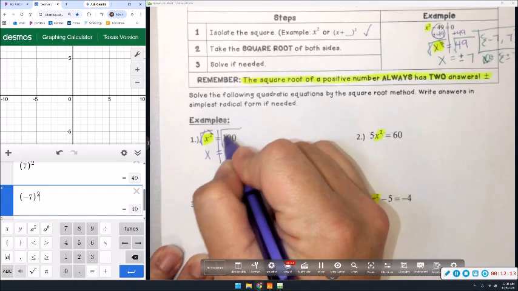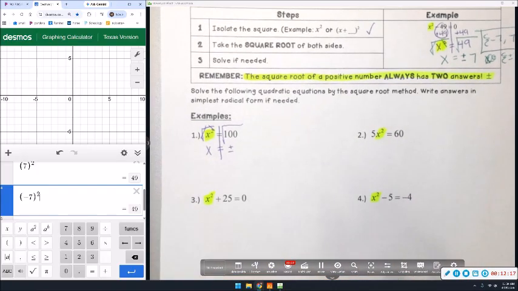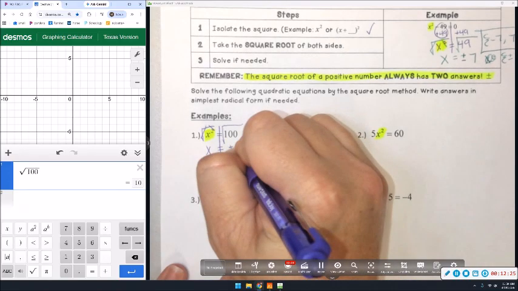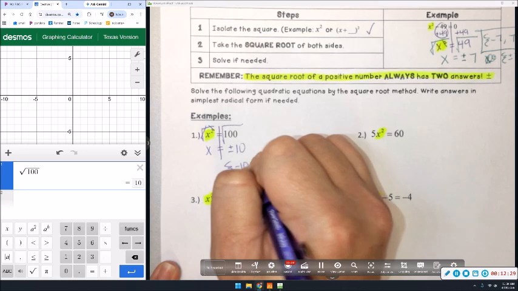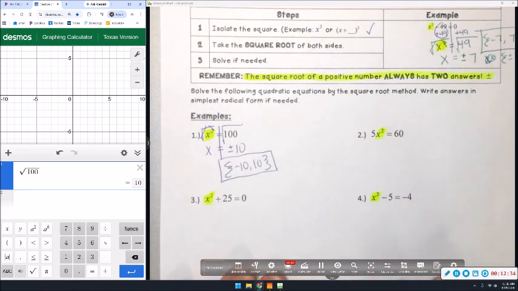I'm taking the square root of a number, so I have to put that positive and that negative. And what's the square root of 100? 10. Because 10 times 10 is 100. So this is 10, and then we're done. So my answer is negative 10 comma positive 10. I'm going to write my answers different ways just so y'all can see all the options. Any questions with that?